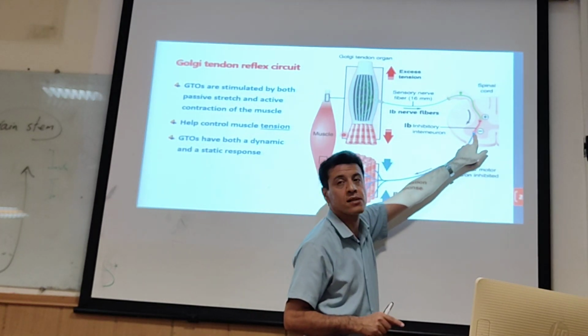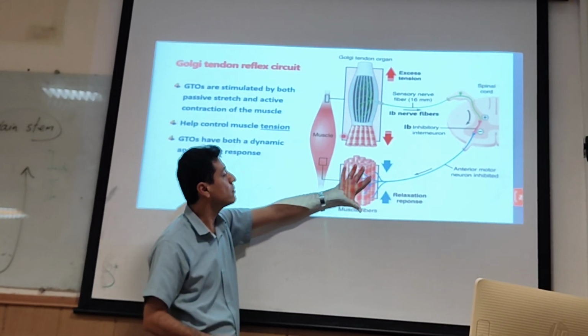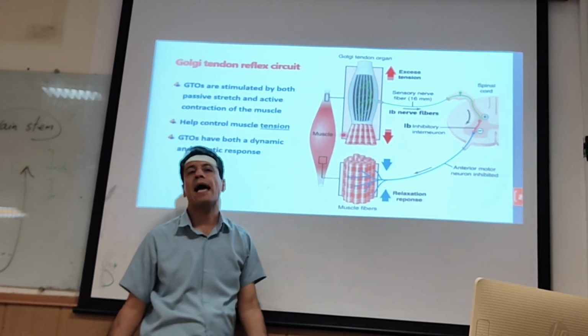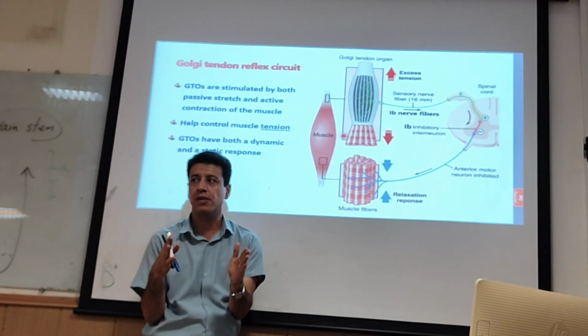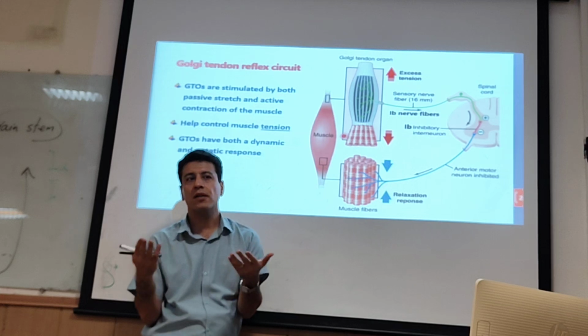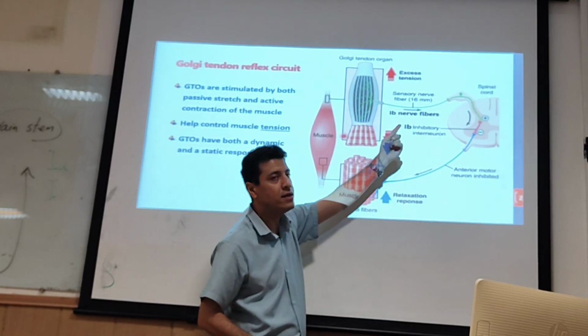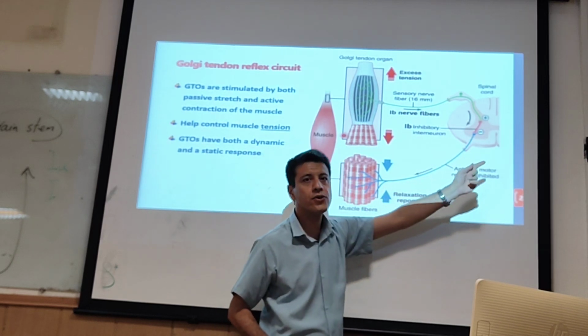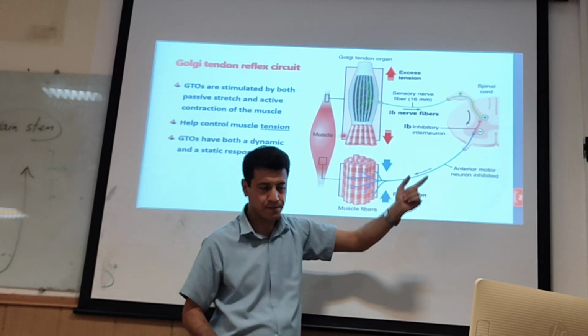It inhibits the alpha motor neuron. So the alpha motor neuron is not activated, and the muscle is relaxed. So in response to strong contraction of a muscle, the same muscle is relaxed. How? By way of the 1B interneuron, alpha. That's it? Yes.